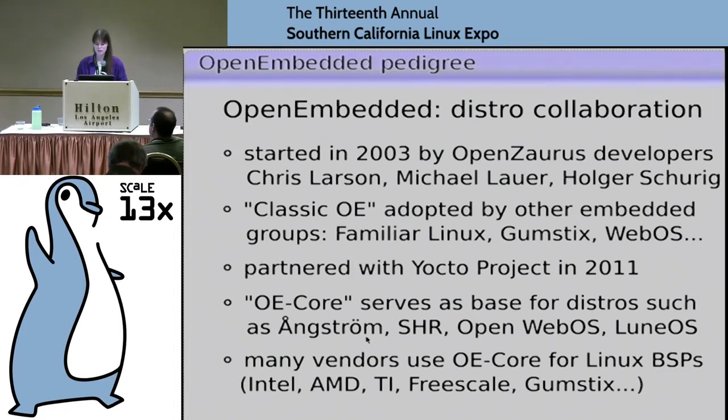And nowadays, there's a large list of vendors that base their board support packages, BSPs, on OE Core. That would be starting with Intel, one of the ones who started the thing, but also AMD, TI, Freescale, Gumstix upgraded from their classic OE to the modern OE Core. And there's actually a bunch of others if you go looking on the website.